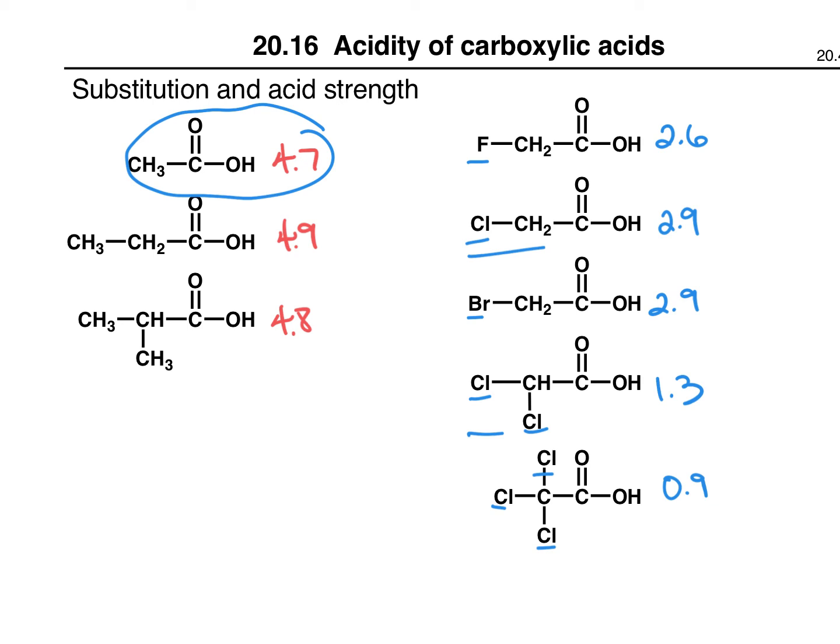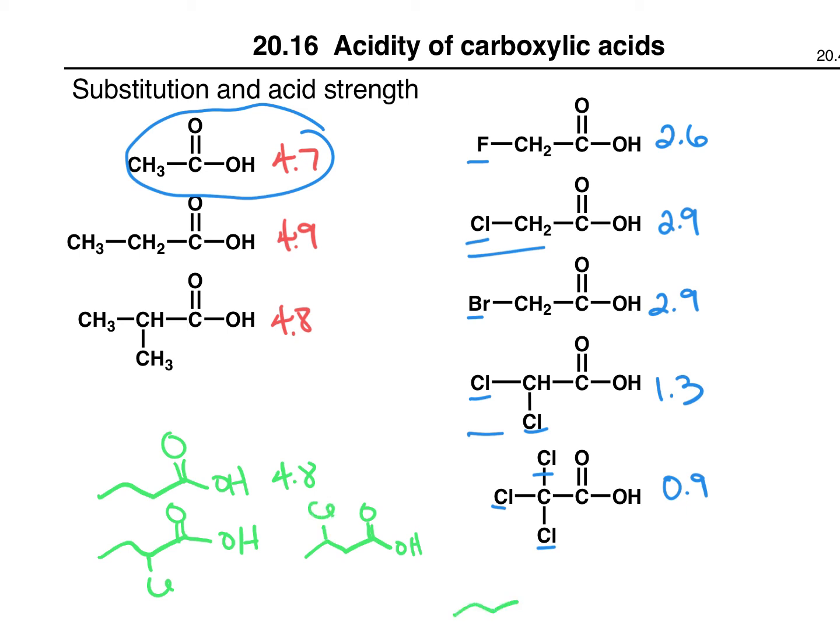One other thing to consider, so let's look at another set. If we have, this is butanoic acid. This has a pKa of 4.8. If we have a chlorine here compared to here, compared to here.